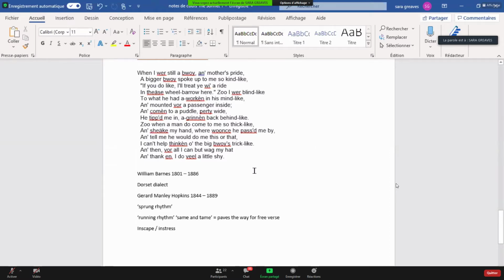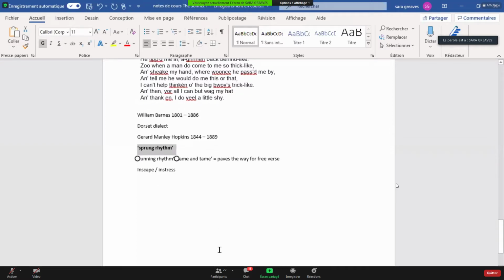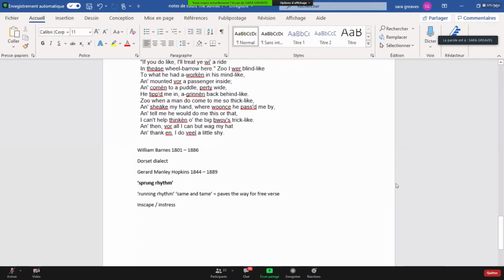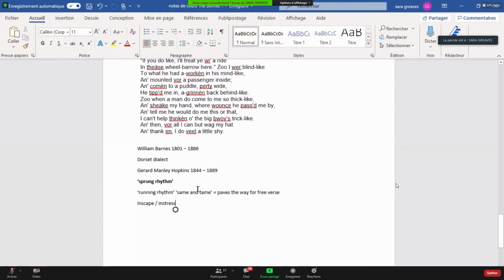And Hopkins developed what he called a sprung rhythm. Okay, sprung rhythm. This is down here, look. And the purpose of sprung rhythm was to go against what he called running rhythm, which is what we've been describing, the dominant accentual syllabic English poetic line, which is basically distinguished by alternate stressed and unstressed syllables, da da da da da da da da da da.